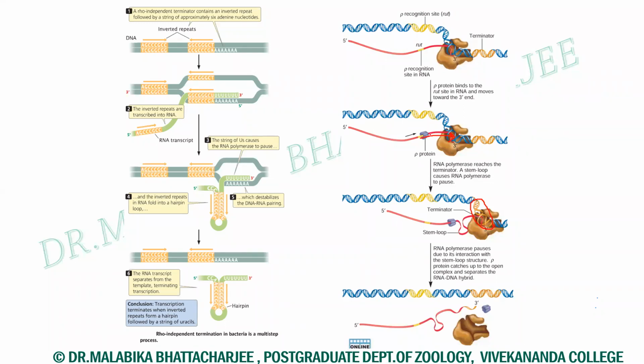So once more, the rho binds to the RUT site, and the rho then moves towards the polymerase, as a result of which a stem loop is formed. Because of the formation of a stem loop, the RNA polymerase pauses. Rho then opens up the stem loop and catches up with the polymerase.